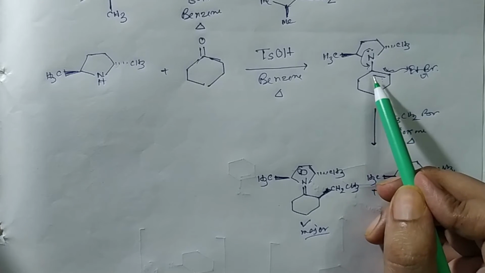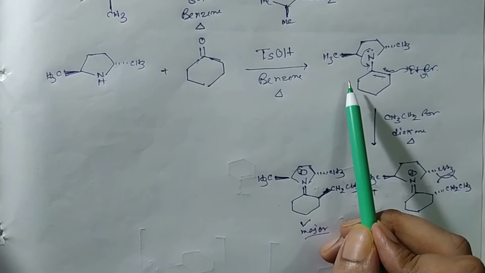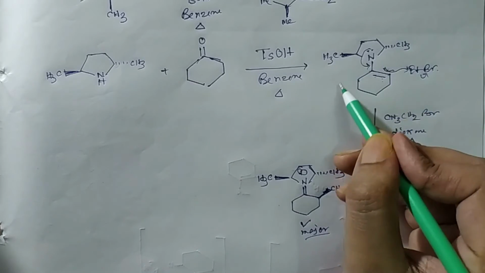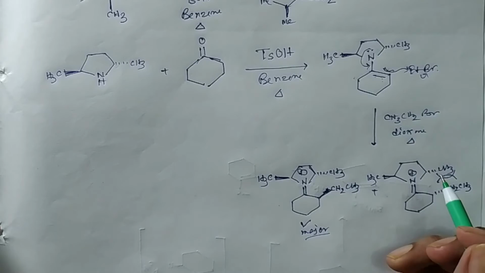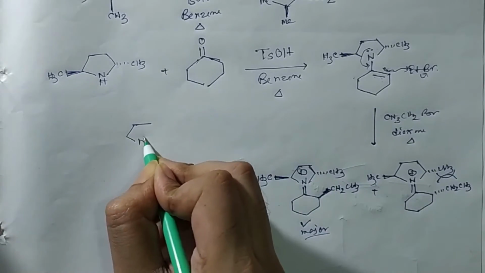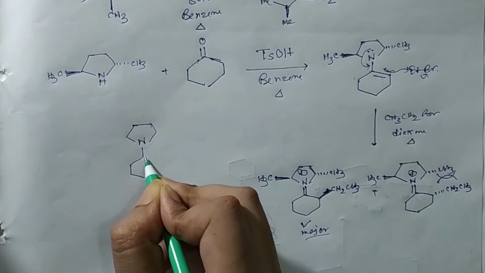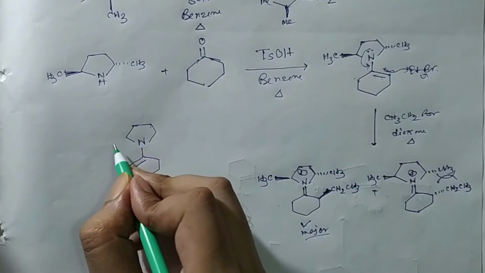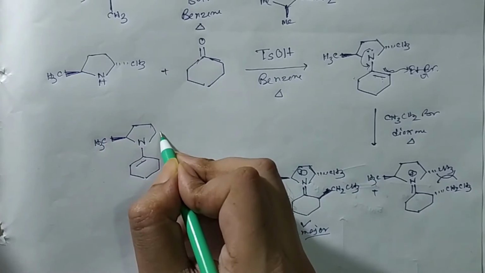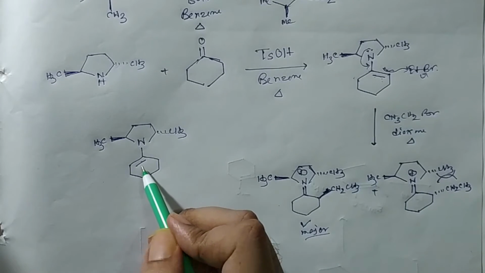The double bond can be formed on this side, then this C-C bond is above the plane, so the incoming group should be formed below the plane. From that you will get this type of enamine if the double bond forms on this side. I am just writing that scenario here. So this is the case if the double bond forms on this side.